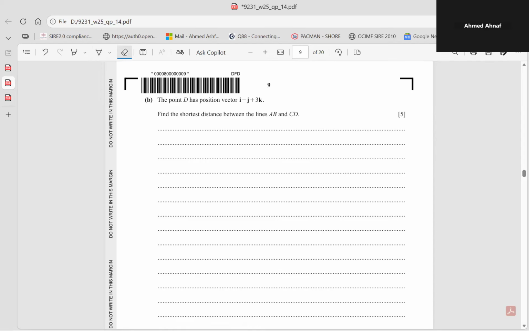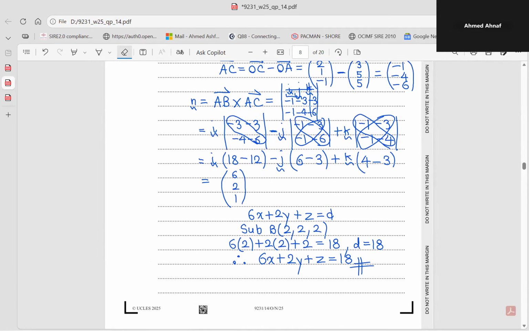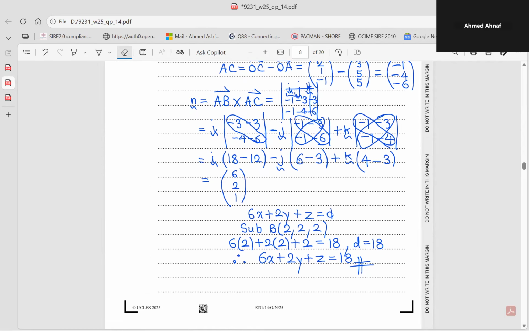Okay, before we get started with this part, I realized I made a small calculation error while computing this part specifically. So 6 minus 3 is 3, and then minus j makes it minus 3j. So the j component, or the y component, is minus 3.